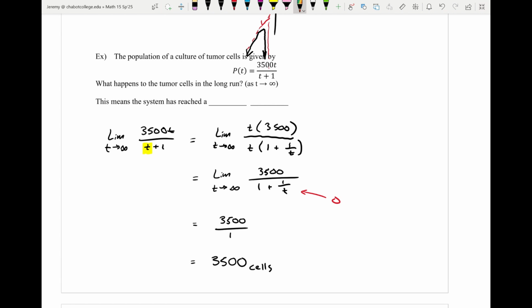So the term for this is that the system has reached a steady state. Steady state, or, it's reached equilibrium. You'll hear that sometimes, but it's reached a steady state of 3,500 cells.